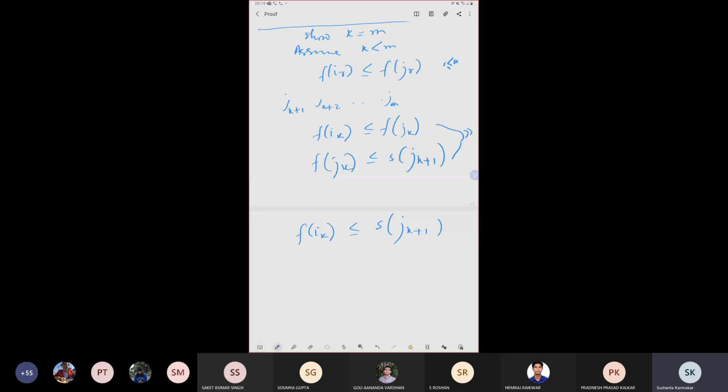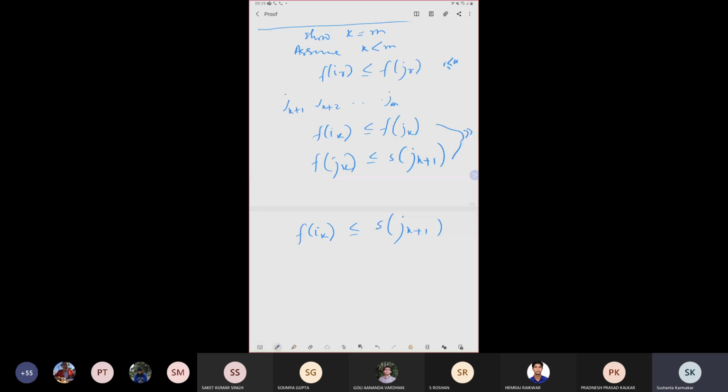So what is the argument? After accepting k requests, the optimal algorithm still has more intervals to accept: k plus 1, then k plus 2, in this way up to m intervals. Whereas the greedy algorithm has stopped because R has become empty.